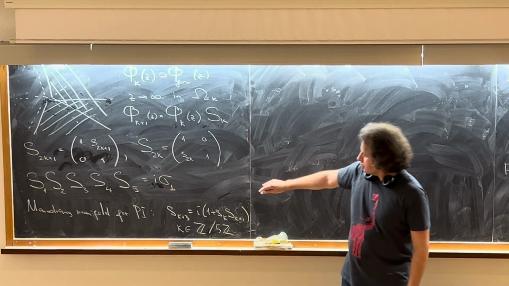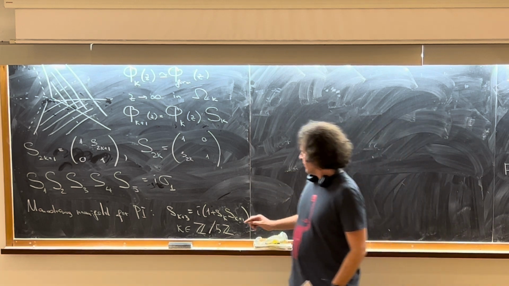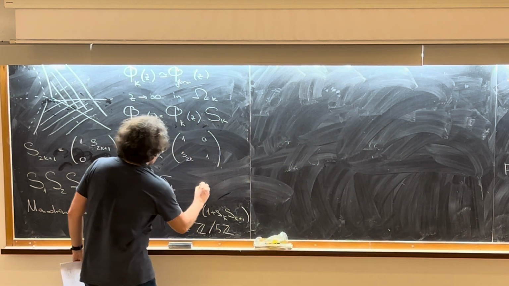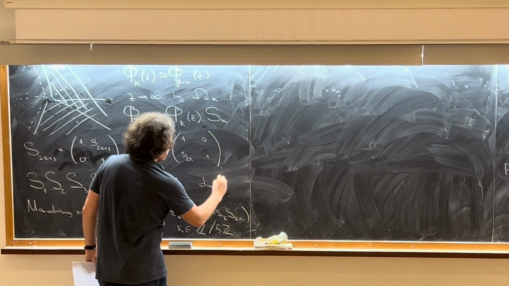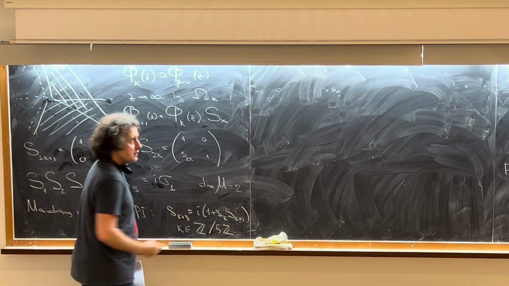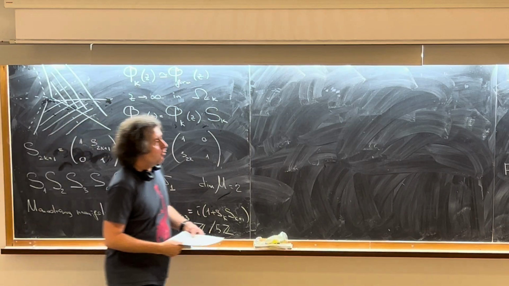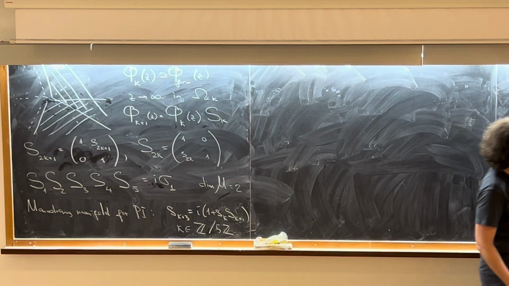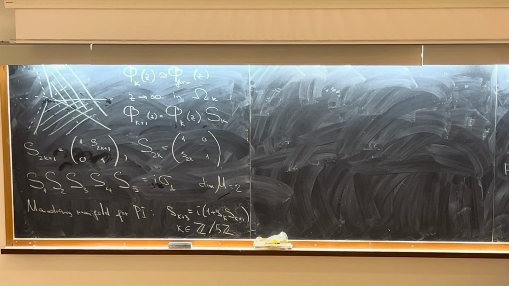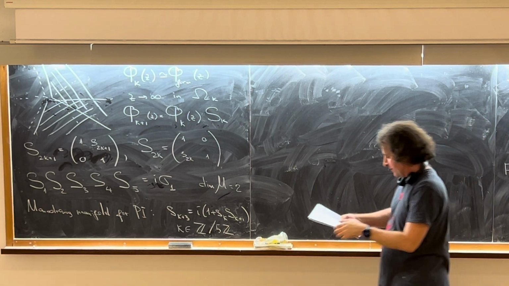Right. And so what do you have to remember from this? Well, the first thing is that the dimension of this monodromy manifold is equal to 2, which makes possible this isomonodromic deformation, right? Because here we have 3 parameters. We can deform one of them and try to adjust the 2 others to keep the monodromy fixed.